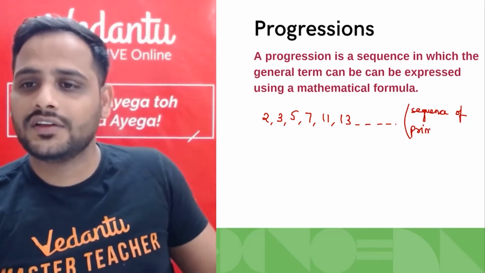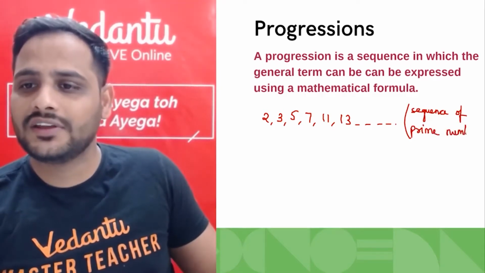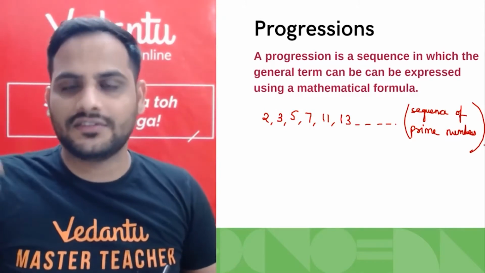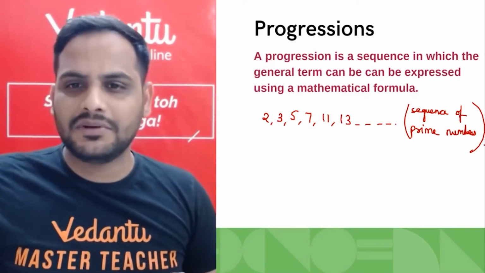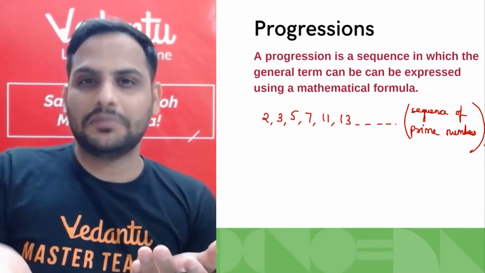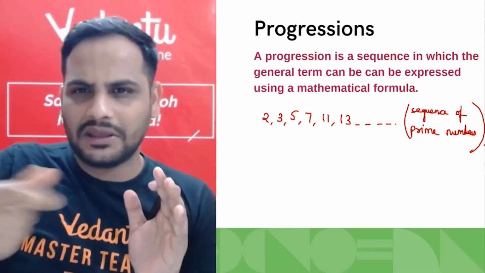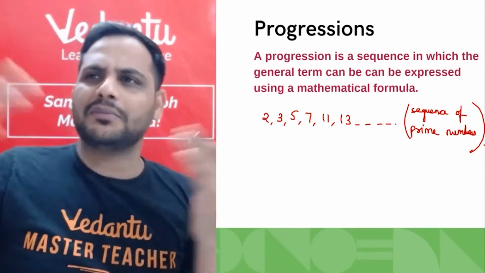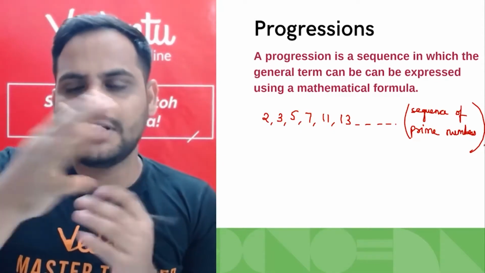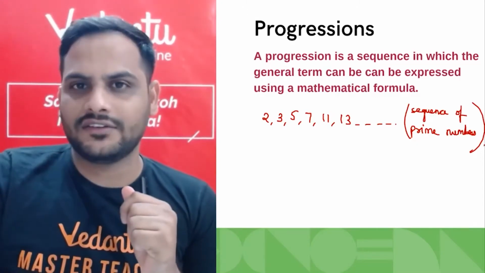This is a sequence of prime numbers, and we don't have any pattern for how prime numbers come in the number series. We are not able to deduce any pattern yet, right? They come abruptly, sometimes after a lot of gaps, sometimes very quickly. So there is no mathematical formula by which I can write the next term.